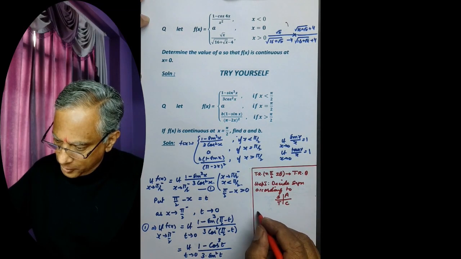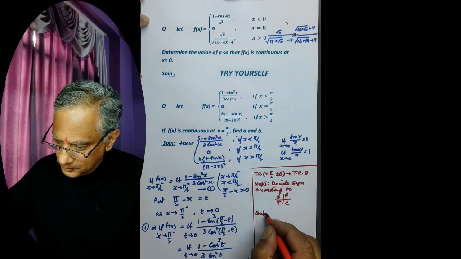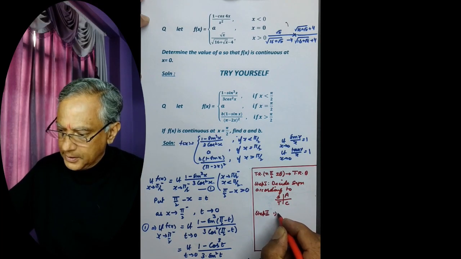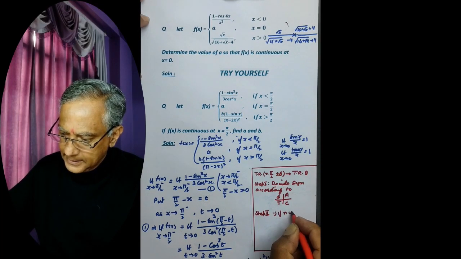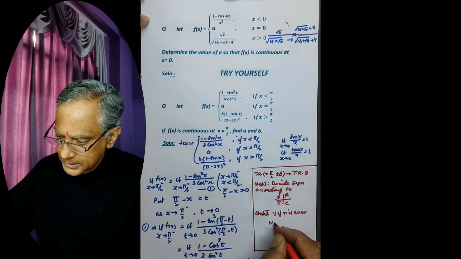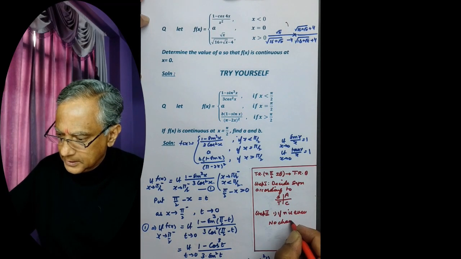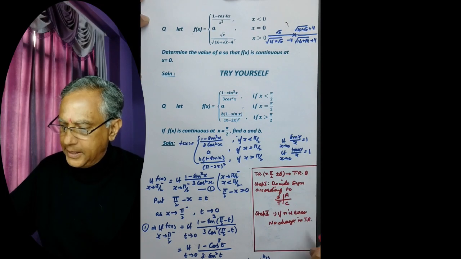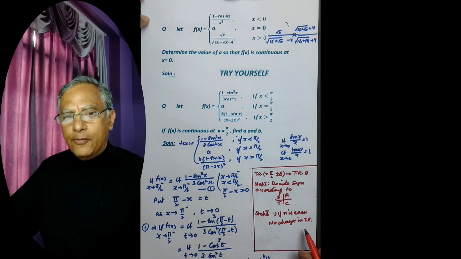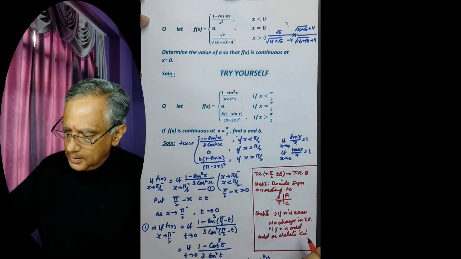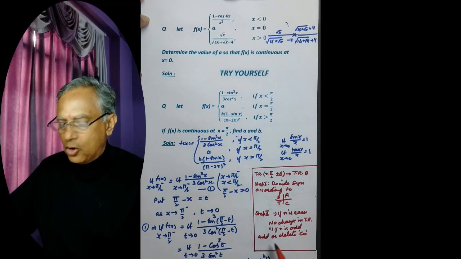And step 2 is, first, if n is even, no change in T ratio. If it is sine, it will remain sine. It is cos, it will remain cos. It is tangent, it will remain tangent. And second is, if n is odd, add or delete co.